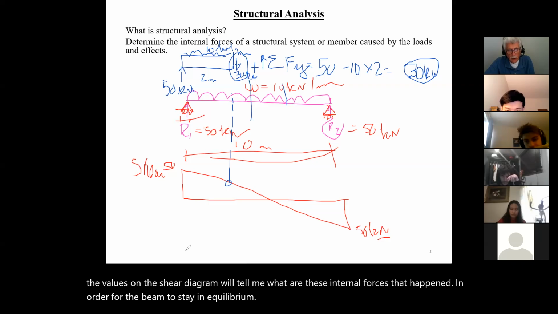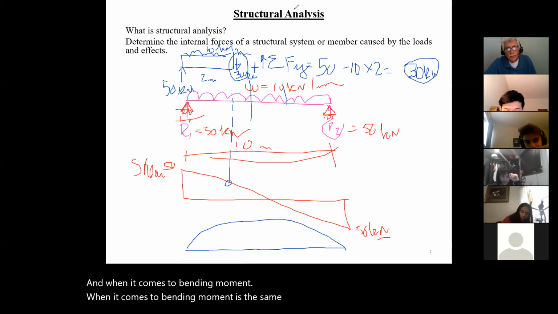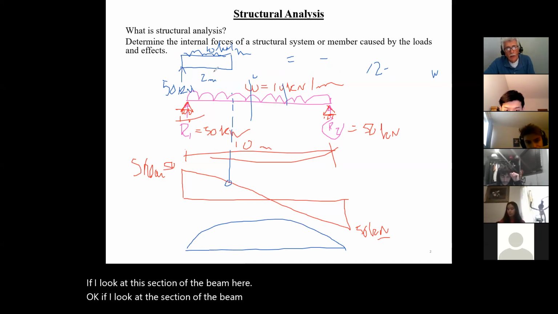And when it comes to bending moment, it's the same thing. In other words, if I look at this section of the beam here, this thing is going to want to rotate, oops, sorry.